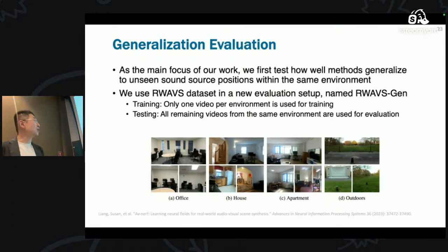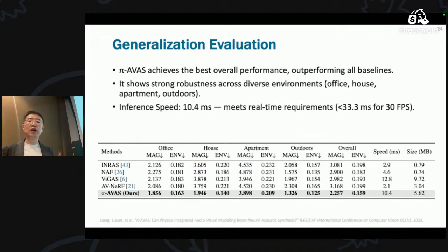So the same here. We have office, house, apartment, outdoor, same as before, but with much fewer training trajectories. And this is the evaluation. This pi AVAS is this method here, and across the board, it gets much better performance.